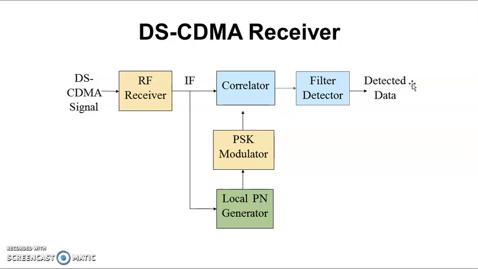The correlation takes place in the IF domain. The receiver PN sequence relates to the sequence we have for the particular IF domain. So we have the PN sequence which is PSK modulated, and the modulated signal is applied to the correlator.